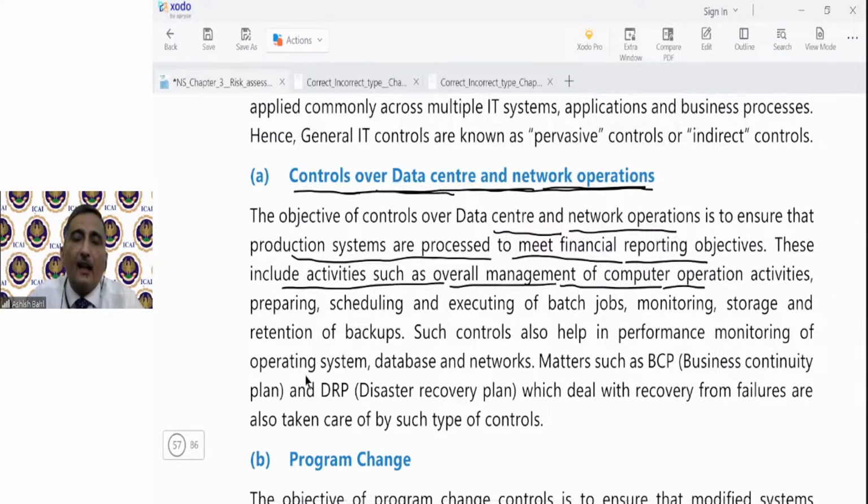It is from there that all commands, batch commands, are executed. Like in banks, batches run, so these kinds of controls are known as controls over data center and network operations.